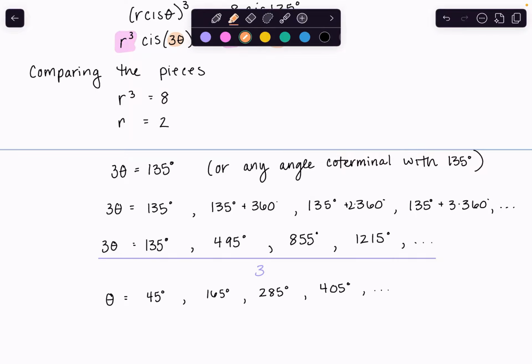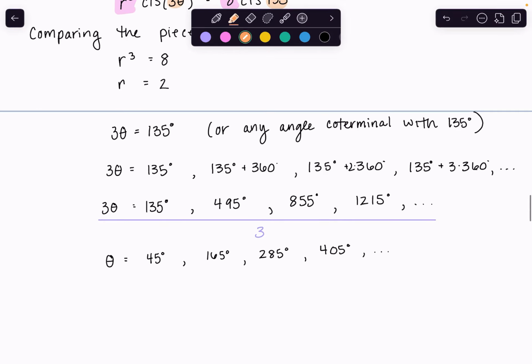So again, I'm really only looking for the angles between 0 and 360 degrees because that's what we said our angle should be, just to avoid confusion. So these are all of the ones that will give us the same output for cosine of 3 theta and sine of 3 theta, landing at the same spot as 135 degrees.